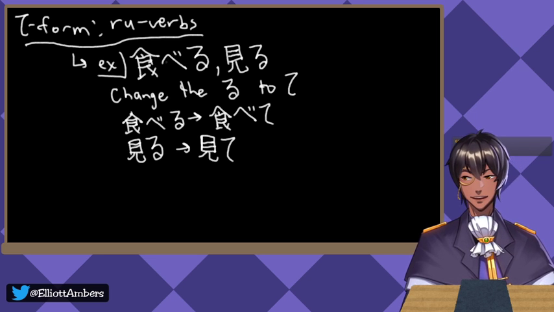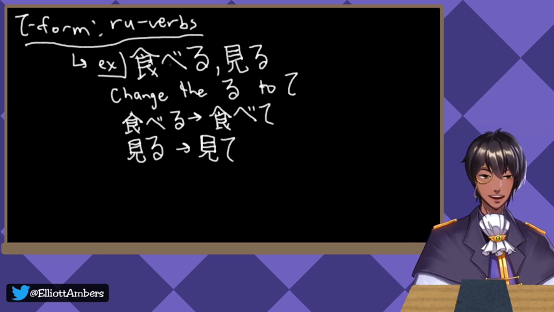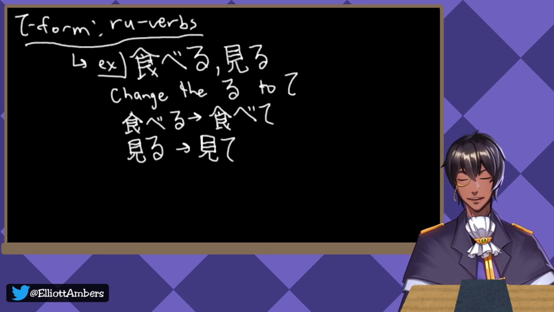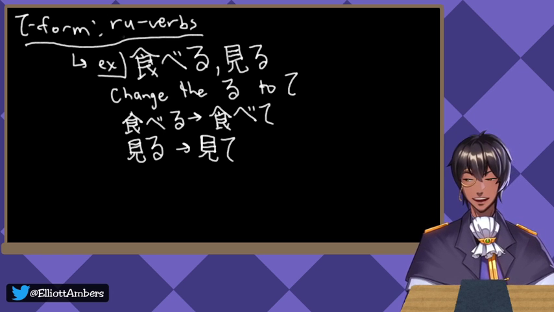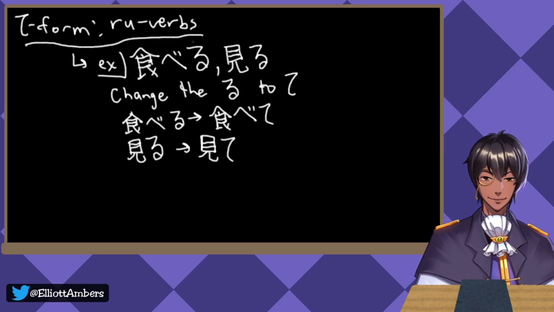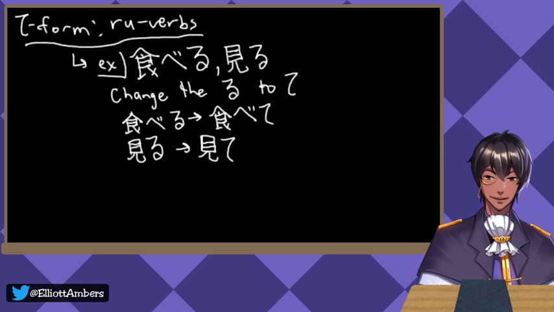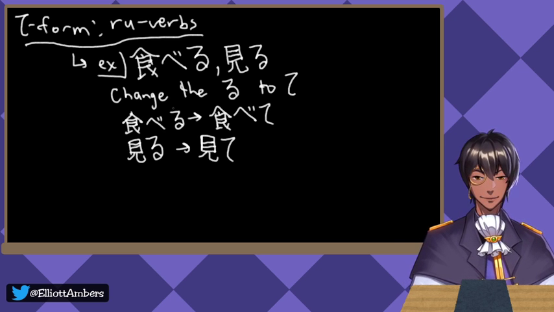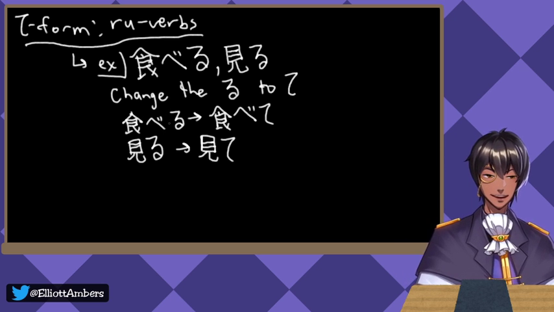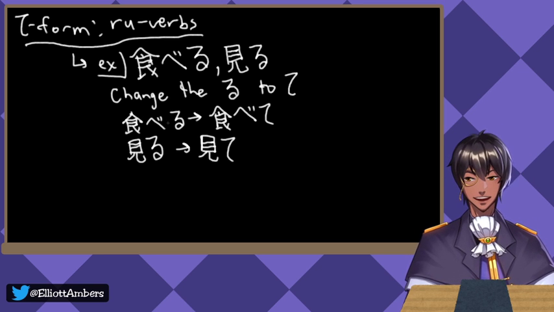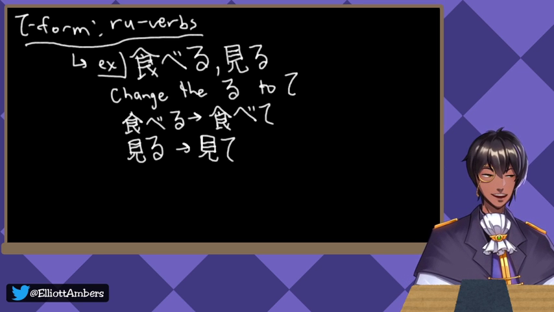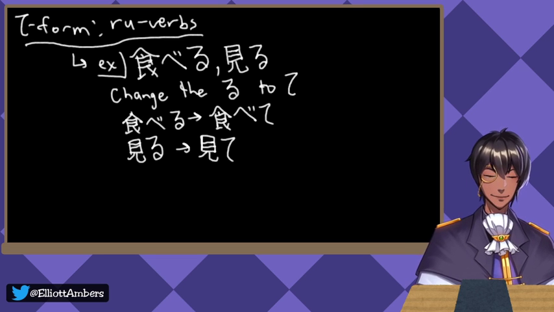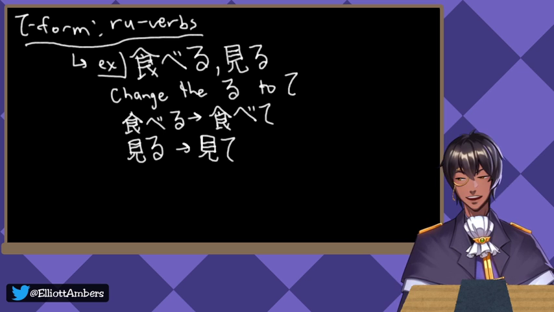For verbs classified as ichidan, and right now the difference between Godan and Ichidan, which one is ru and which one is u, I forgot to write that down. But very simple, we change the ru to a te, and that's our conjugation. Mite kudasai. Look here. Koko mite kudasai. Please look here. So that is ichidan. Very simple, we don't need to do anything complicated there.